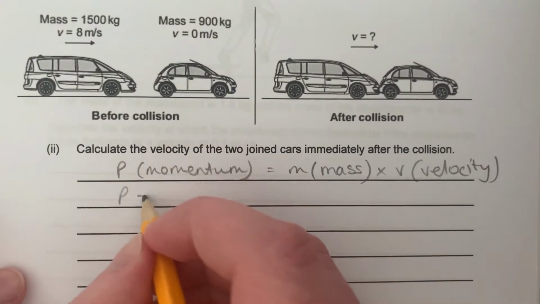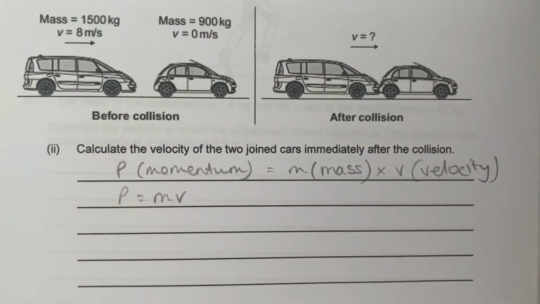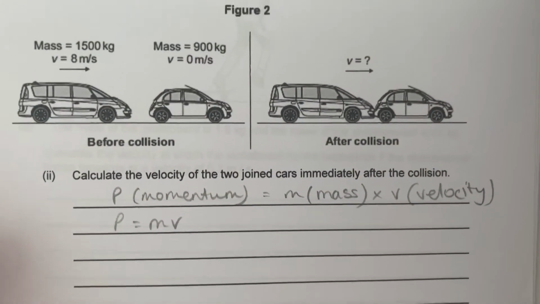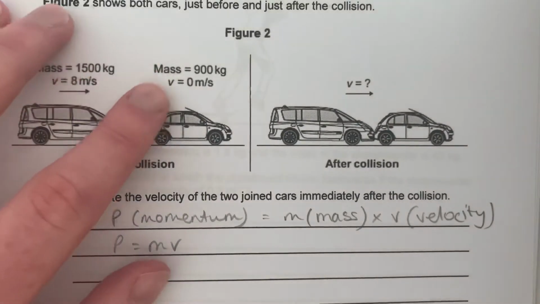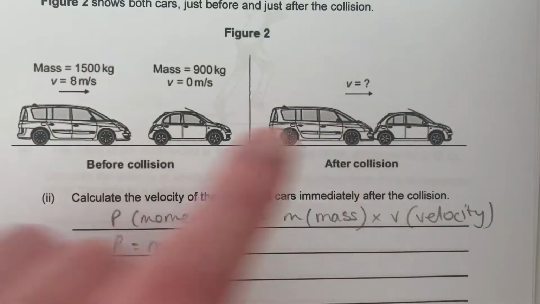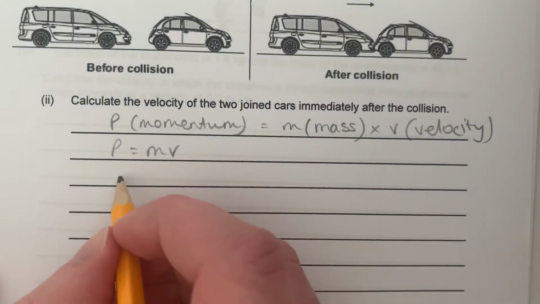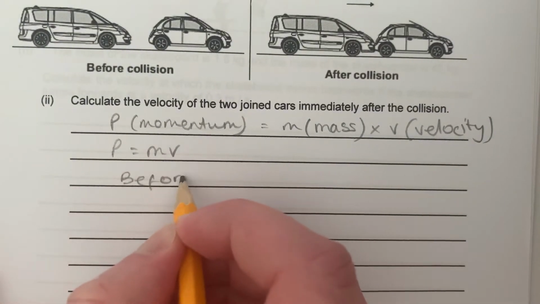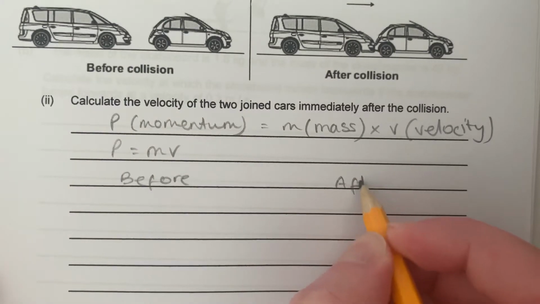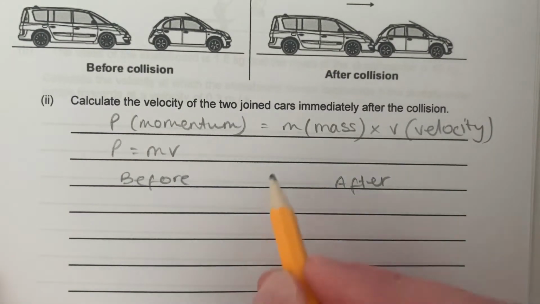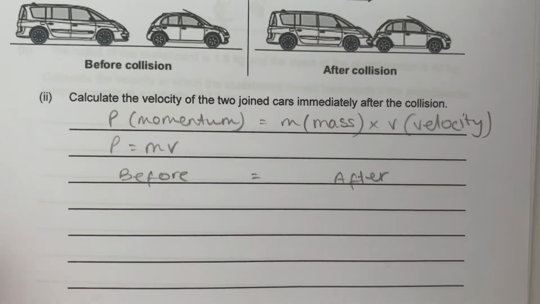So P equals mv. Now in this we've got a before situation and we've got an after situation. So to set out your work, it's probably easier to have before and after. And remembering that the momentum before is always the same as the momentum after a collision.